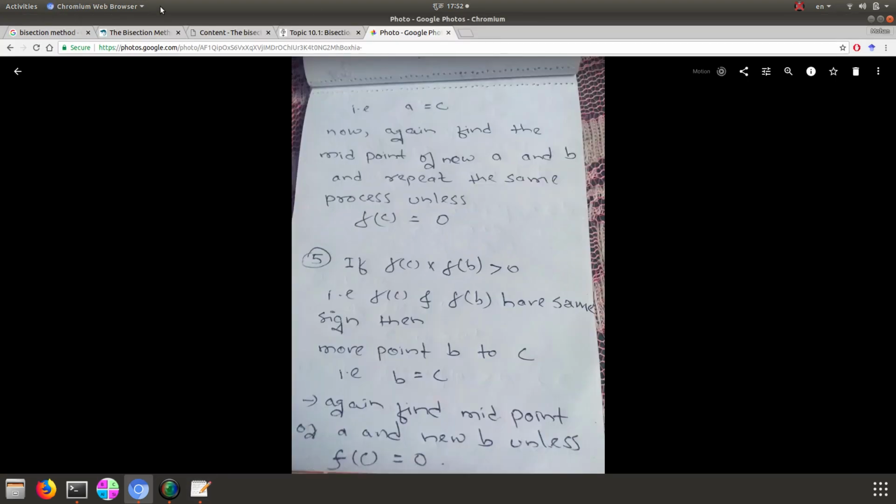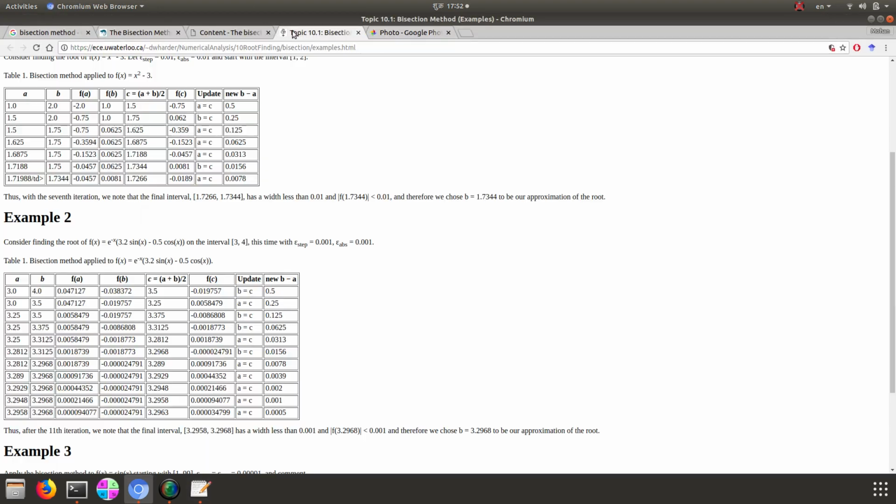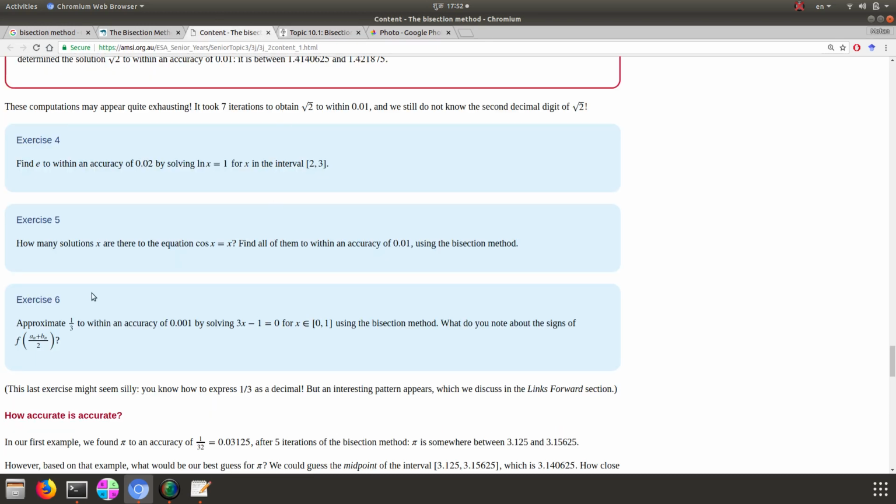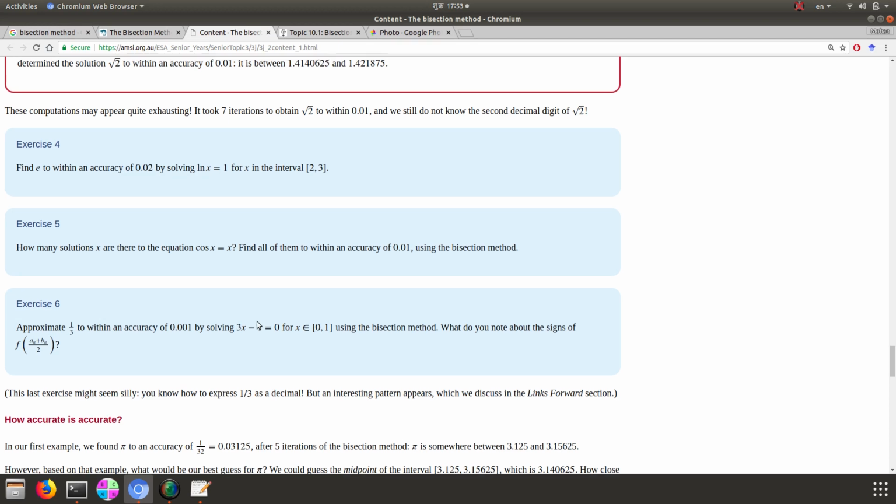To find the root of some function, we can write this function or another simple function. To understand it clearly, we will use this function. Our function would be 3x minus 1, and we want to find the root of this equation within this interval. So let me define this function in our Fortran code.